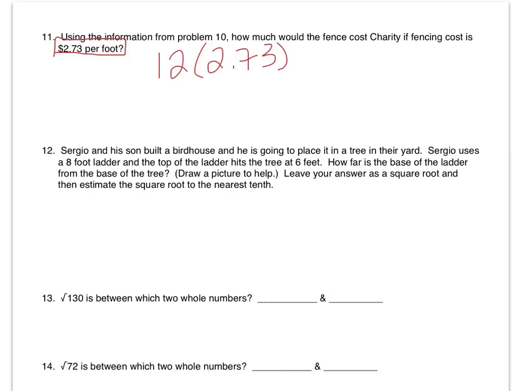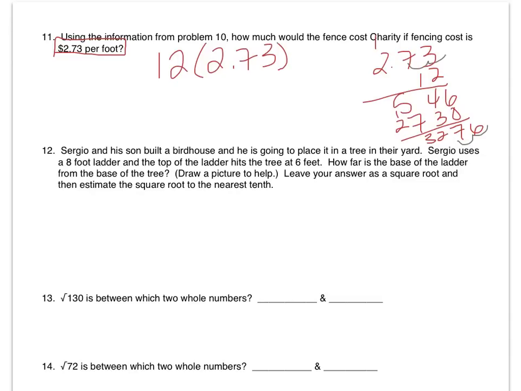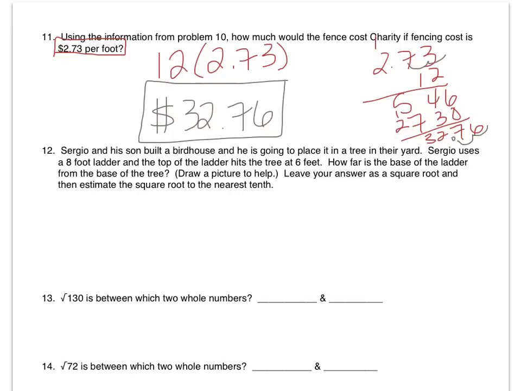Let's go ahead and multiply it. And we get that, and we have 2 decimal places here, so we're going to have 2 down here. So it's going to cost her $32.76, which is really cheap for a fence.